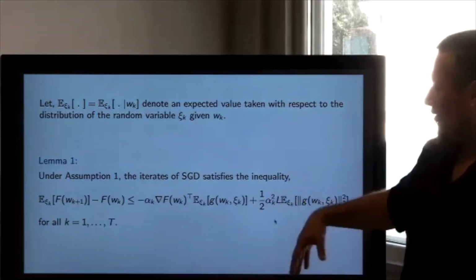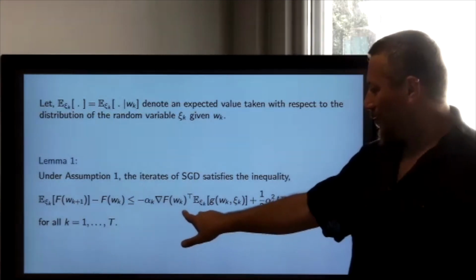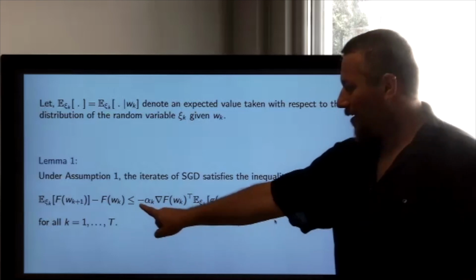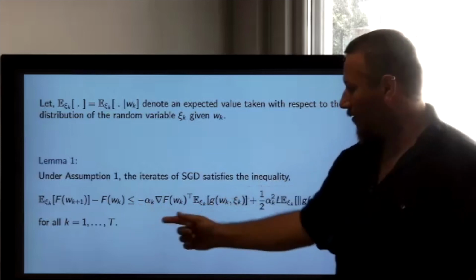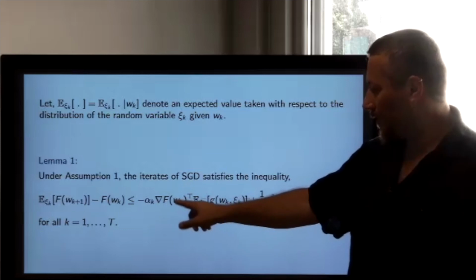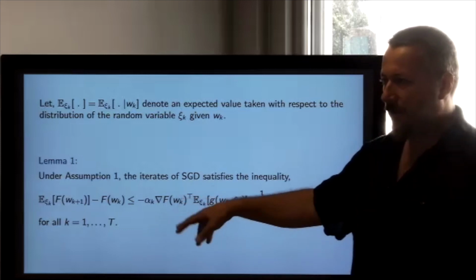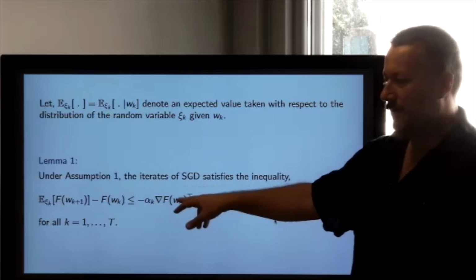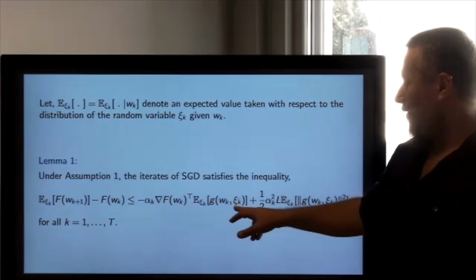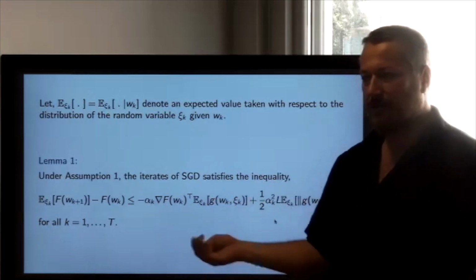So in order to achieve that, we want this term to be negative. This already has a negative sign in the front, and alpha k is positive. So what we want is this inner product of the gradient at omega k, we don't know what that is, but we want the real gradient times the expected value of the stochastic gradient to be positive, right?